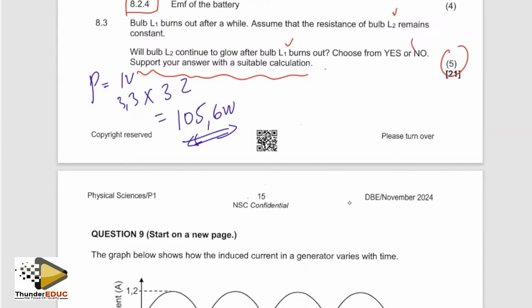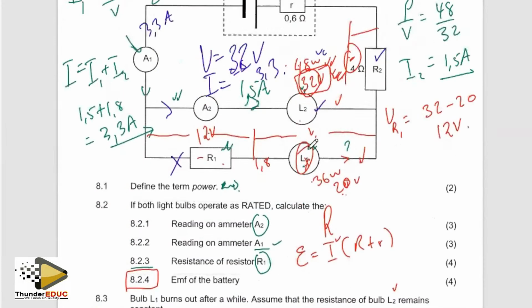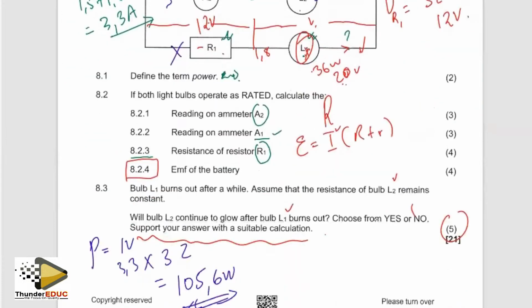So this is the power that now will be generated within that bulb. Yet the rating of the bulb is 48 watts. Will the bulb continue to glow?